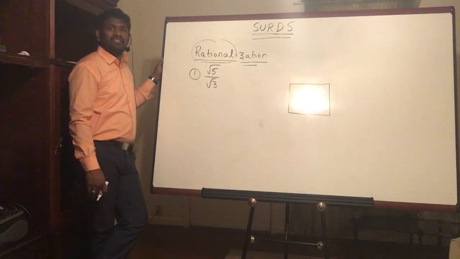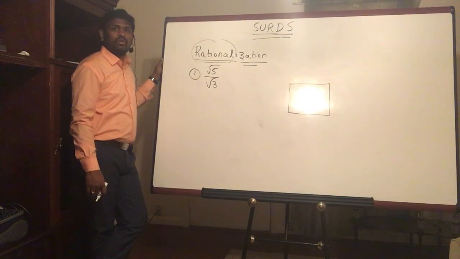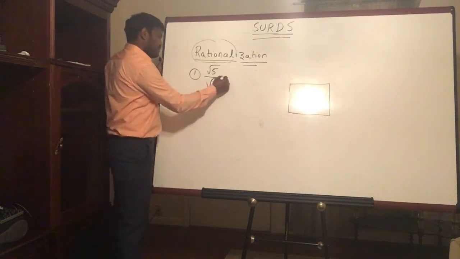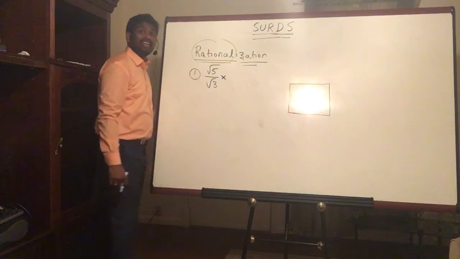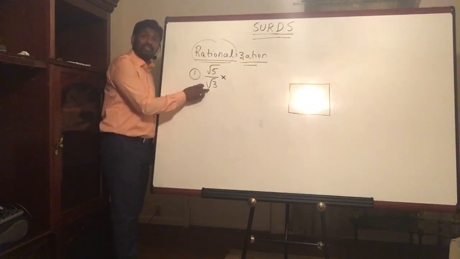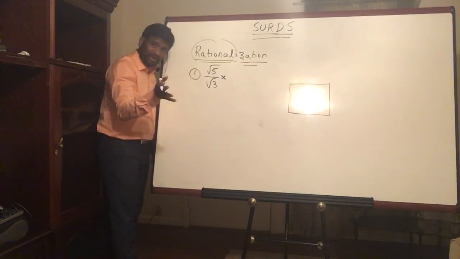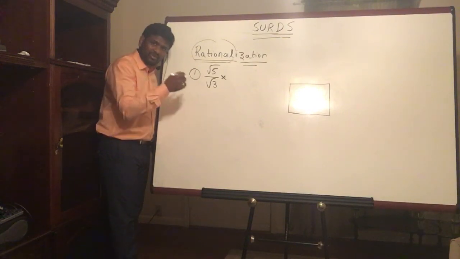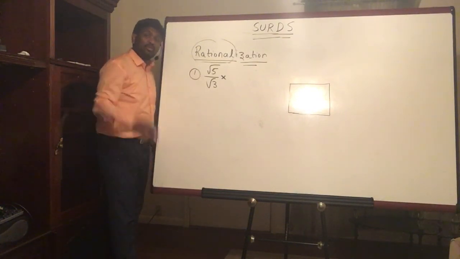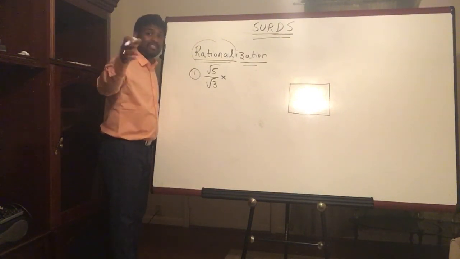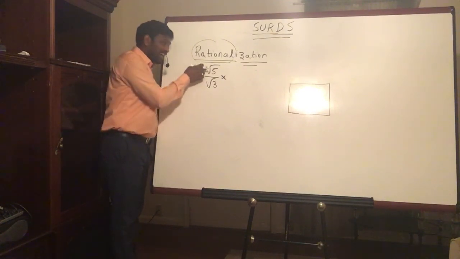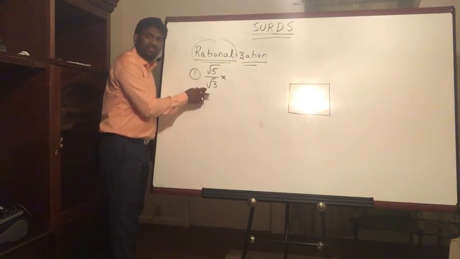How to rationalize this one? Multiply with the rationalizing factor. What is the rationalizing factor of root 3? Can root 3 be further simplified? No, it cannot be further simplified. So root 3 is the simplest rationalizing factor. We multiply it with the numerator as well as the denominator.